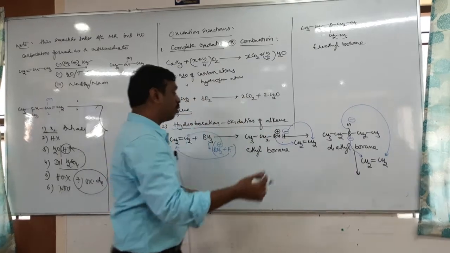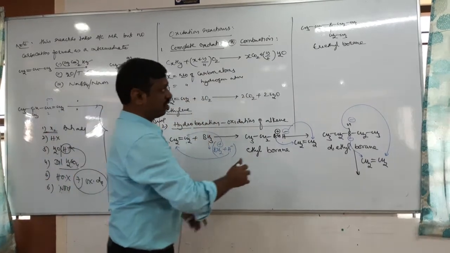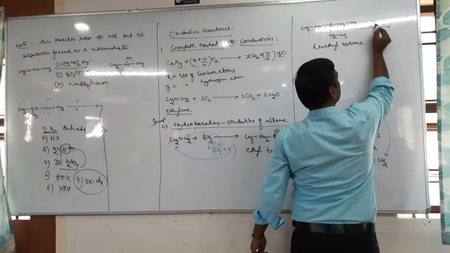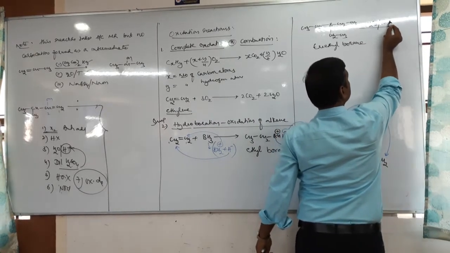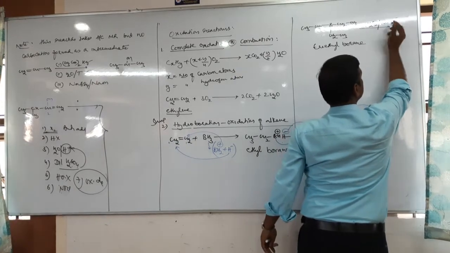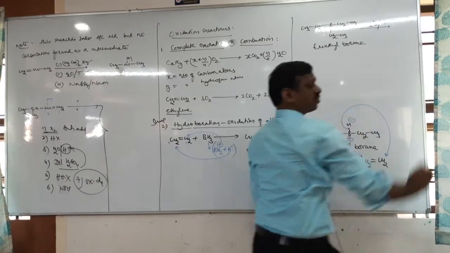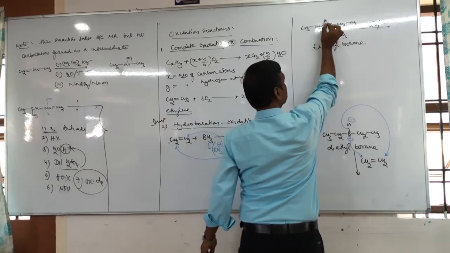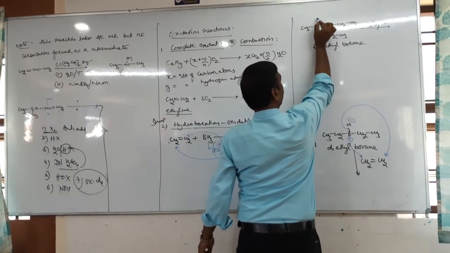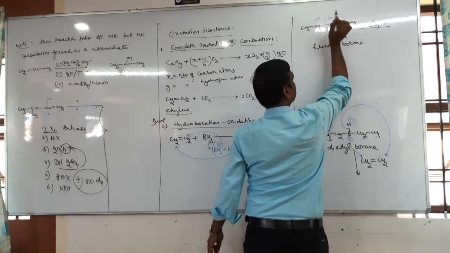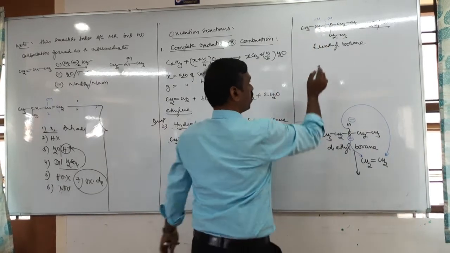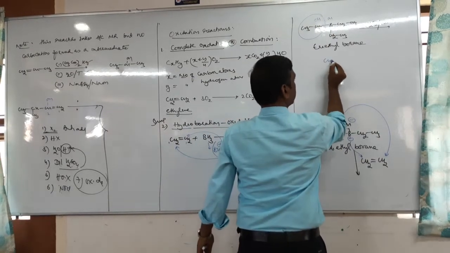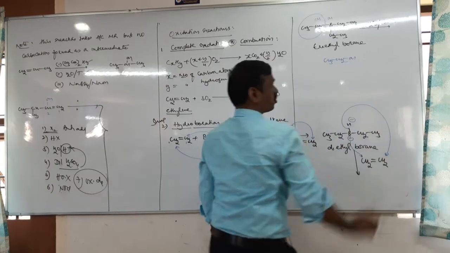Now trialkyl borane undergoes further oxidation in the presence of H2O2 and NaOH, basic medium. Now the carbon-boron bond will be broken. One OH adds here, another OH adds here. So what does it form? CH3, CH2, OH.